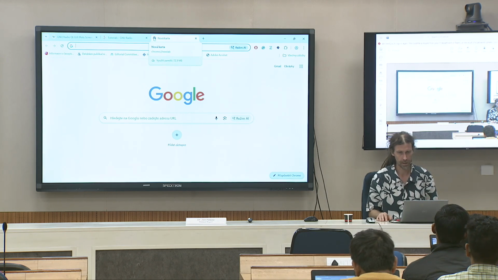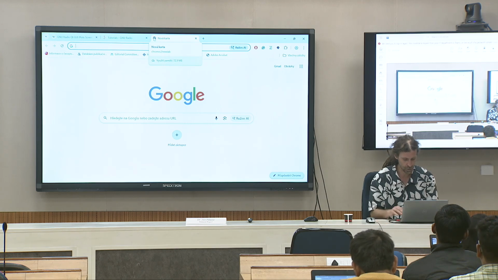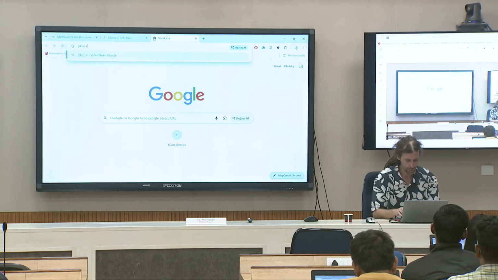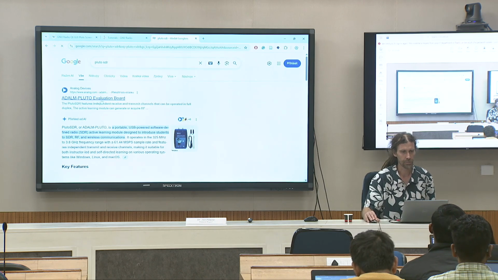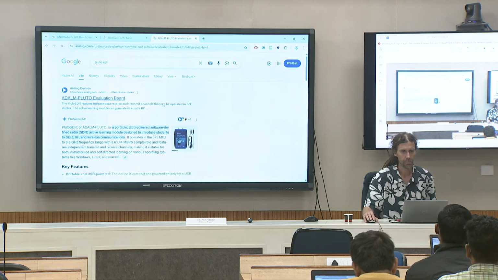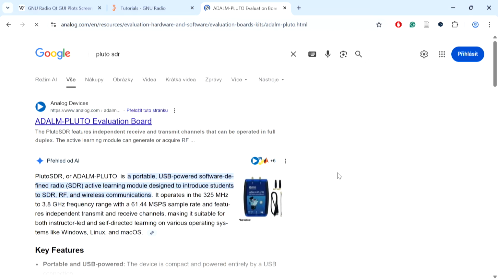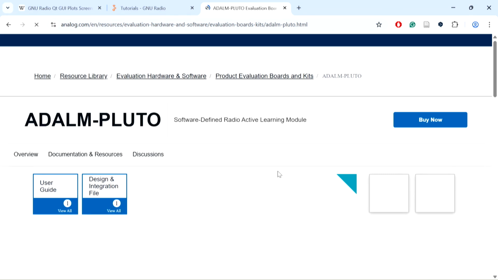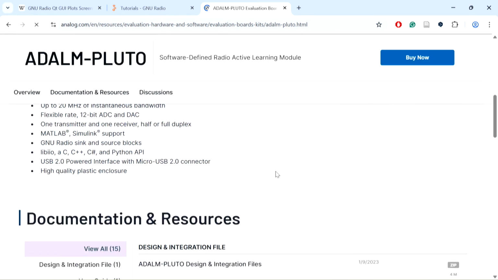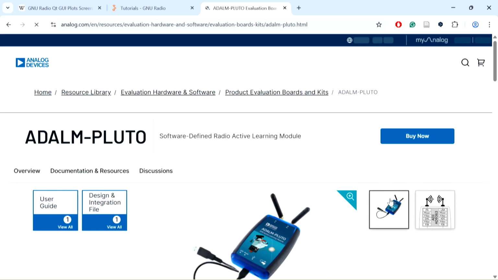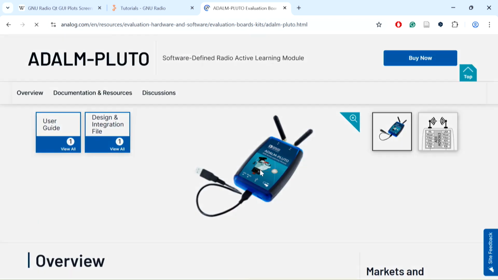It does not have such high parameters like the National Instruments one, but it is the Pluto SDR from Analog Devices, and I can say this is really a nice SDR, just connected through USB.